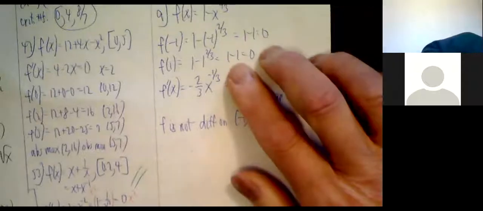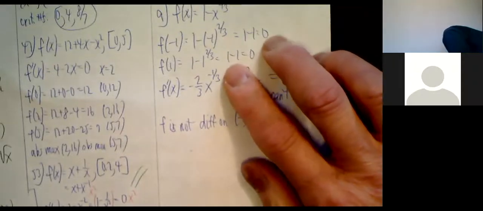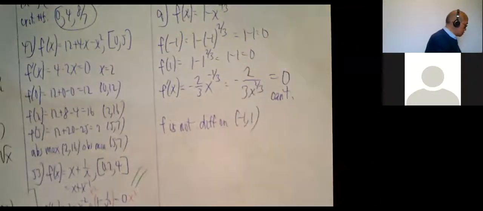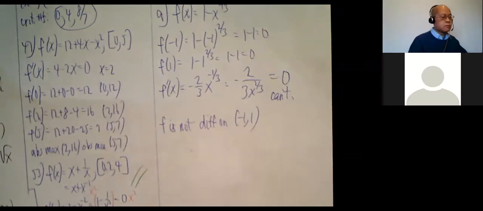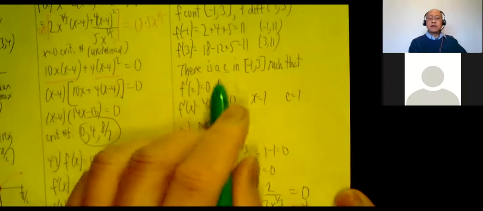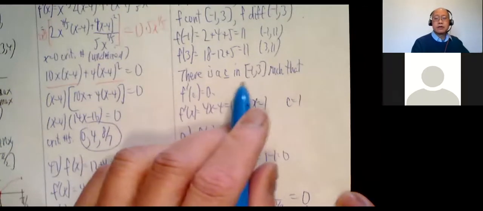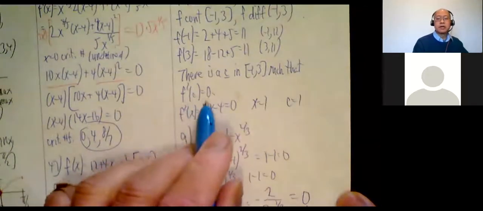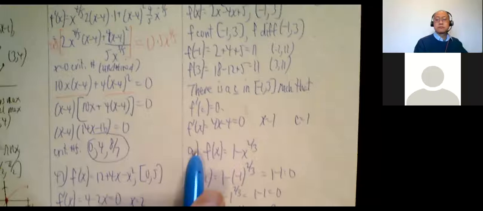So let's figure out where that is. Get myself a little organized here. So there is a C between -1 and 3, such that f prime of C is 0. So that's no big deal.